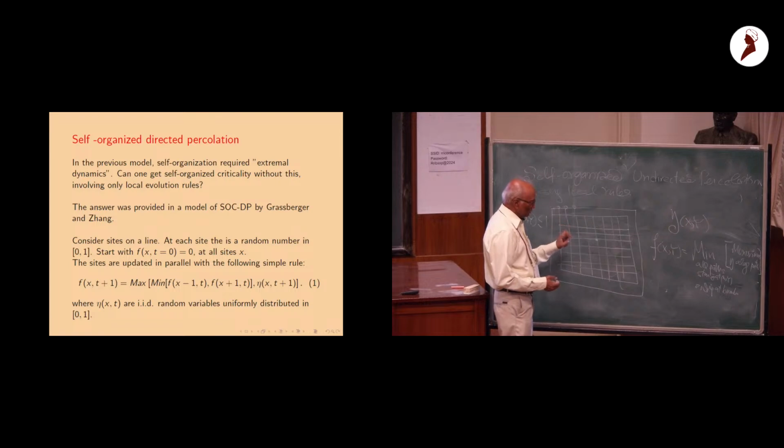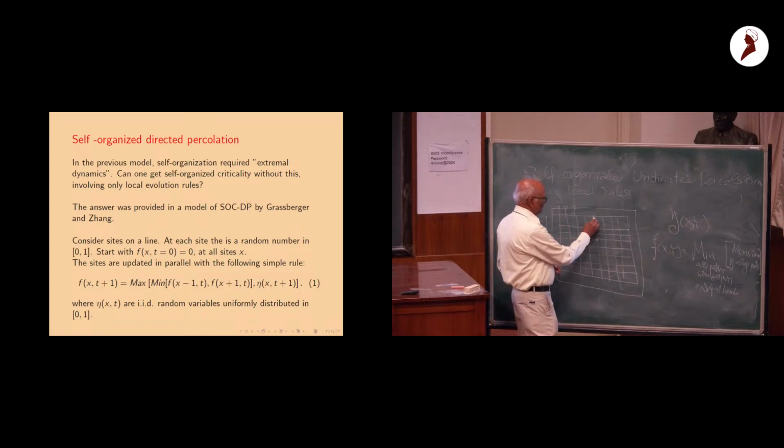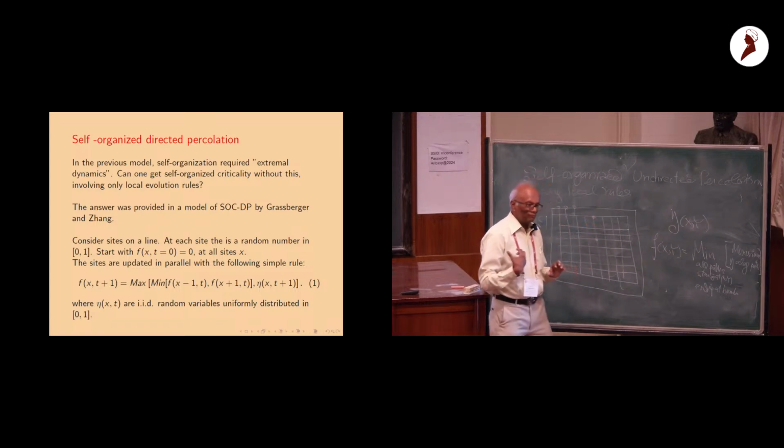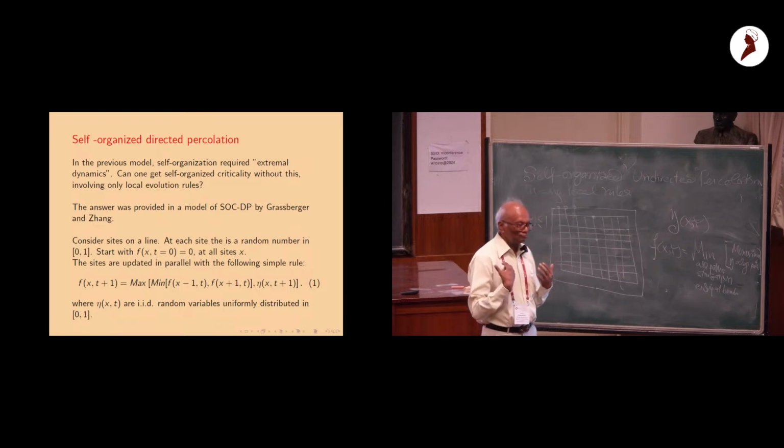And now the rule is that each guy knows the upper bound to f which has been reported by all its neighbors. Okay?